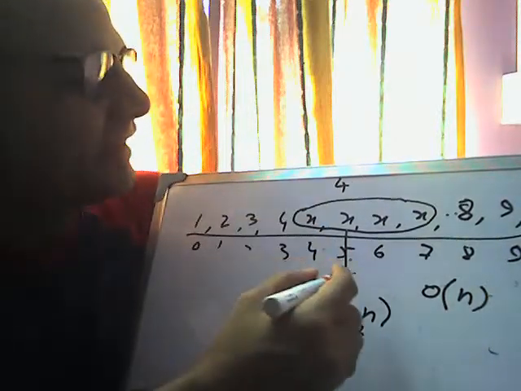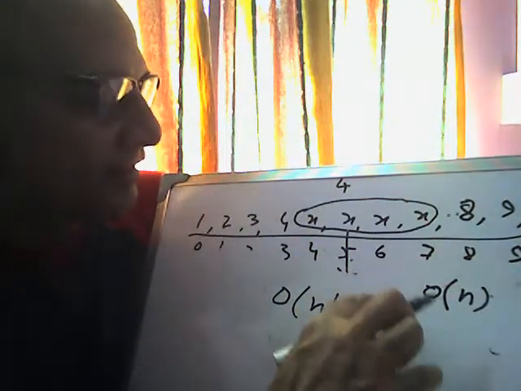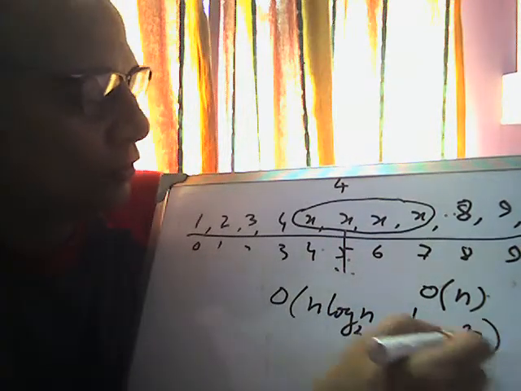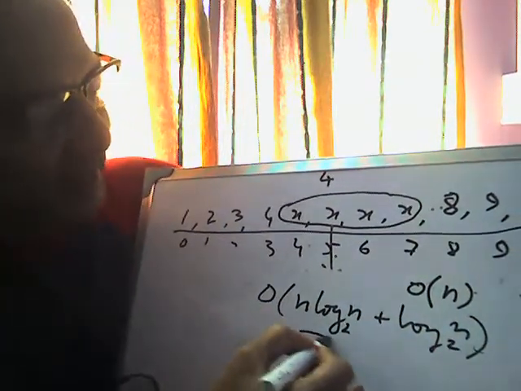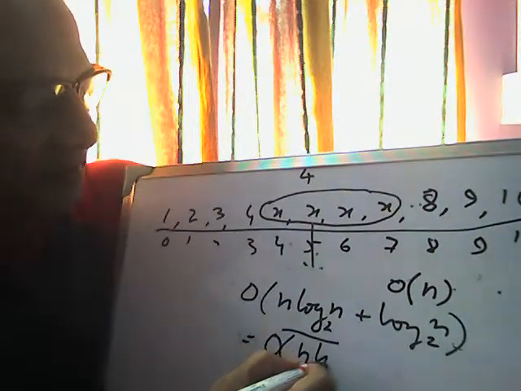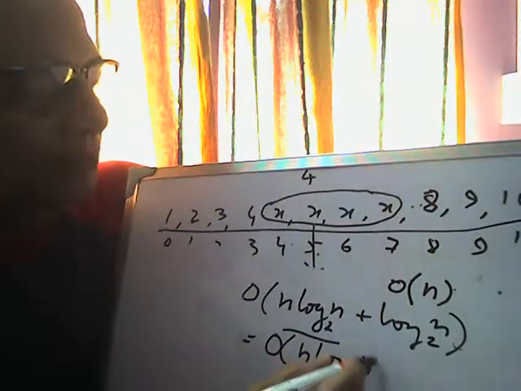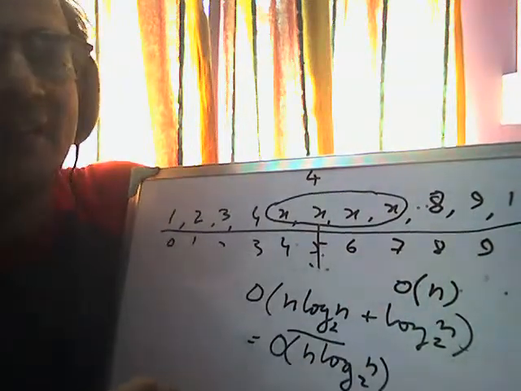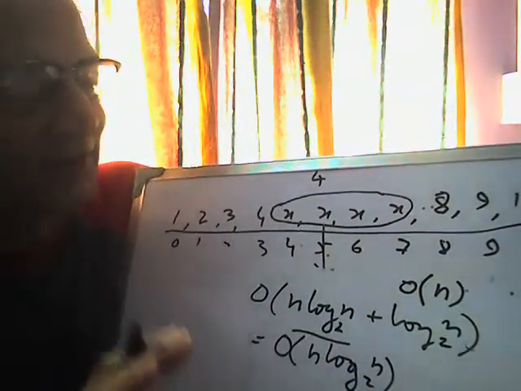After that you can do the order of log n search. That means the complexity is n log n plus log n, so the dominating term is n log n. Ultimately this is order of n log n, which is not better than order of n. Clear? But there are some issues here.